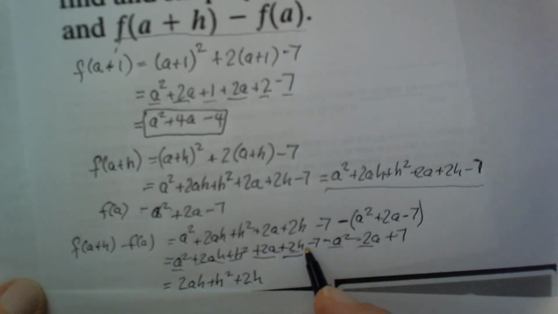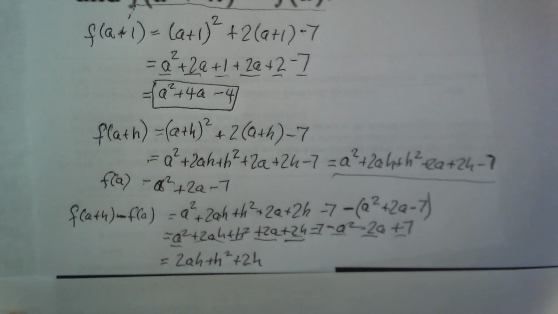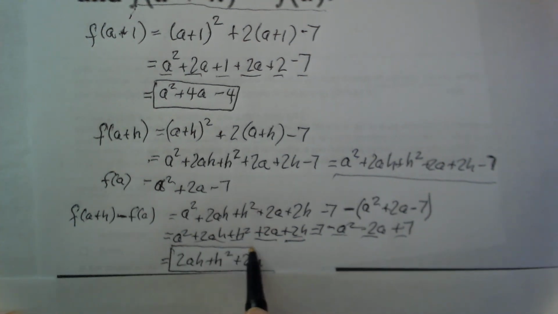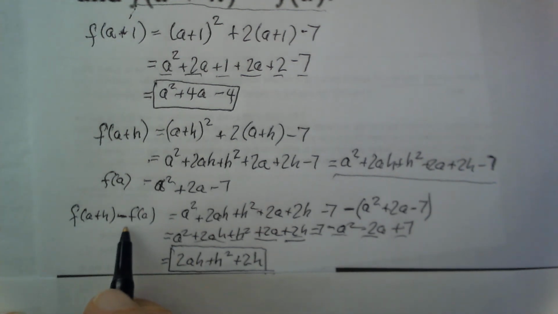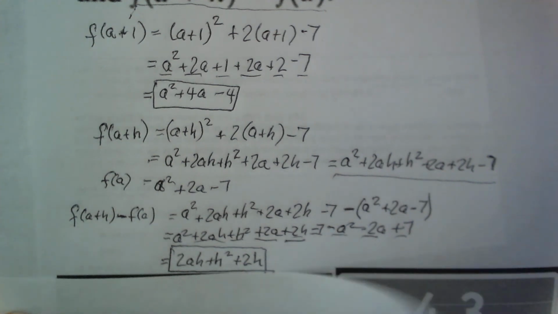And then minus 7 plus 7 cancel out also. So this then is our final answer, 2ah plus h squared plus 2h. That is the result of computing f of a plus h minus f of a. And this is the end of section 4.2.